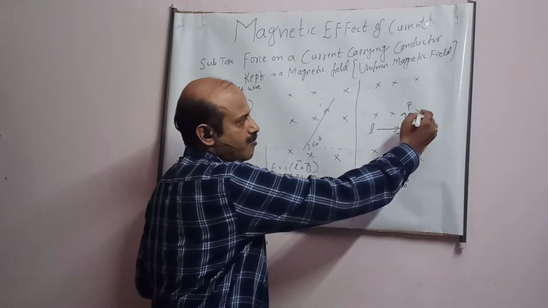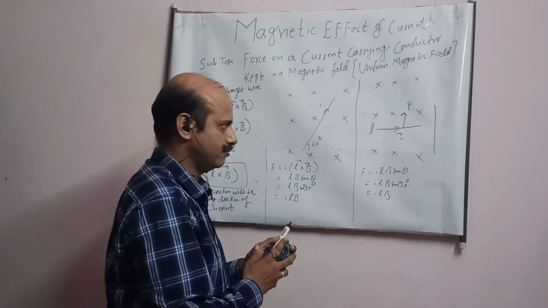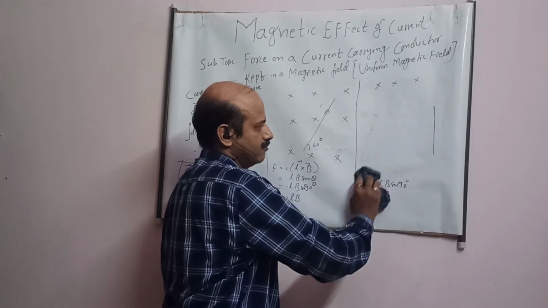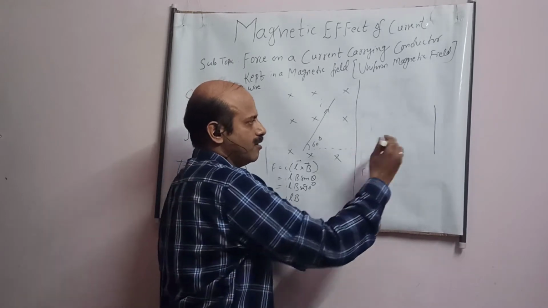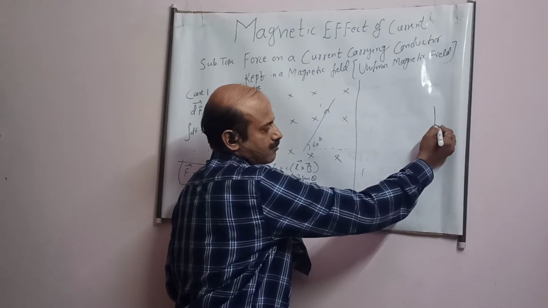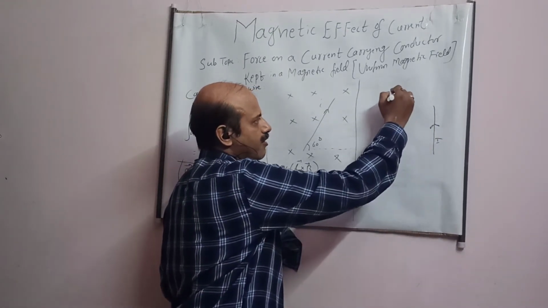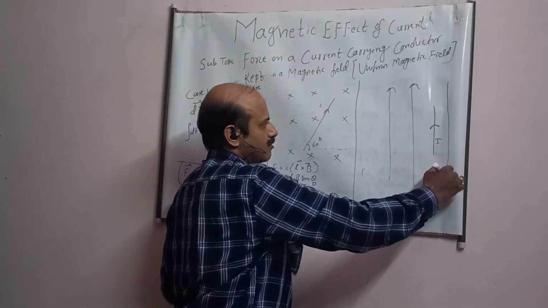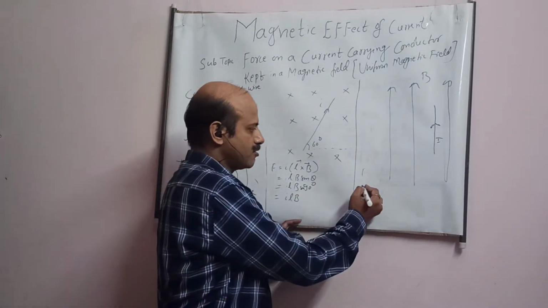Suppose I place the same wire like this, and the magnetic field is in this direction. Now how much will be the force?